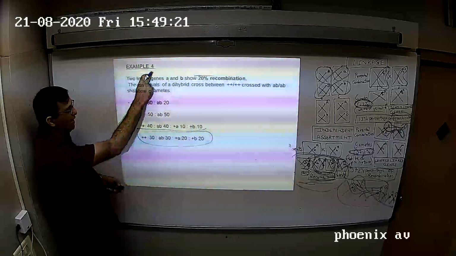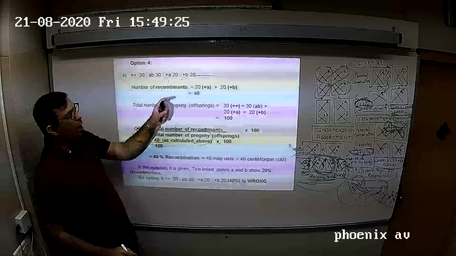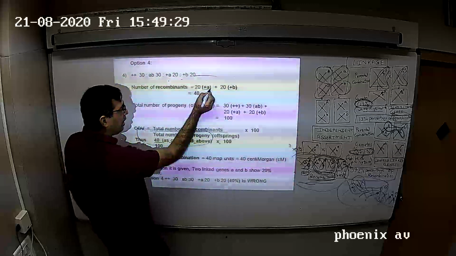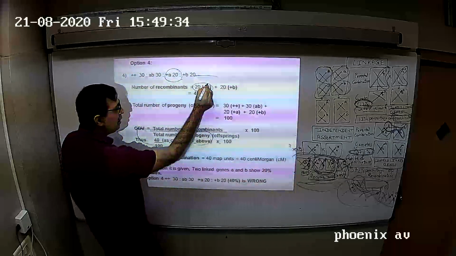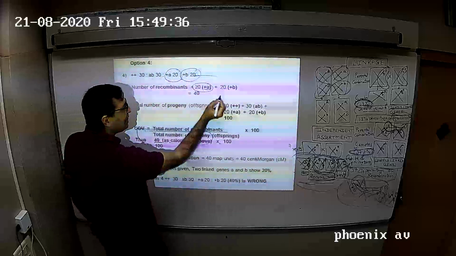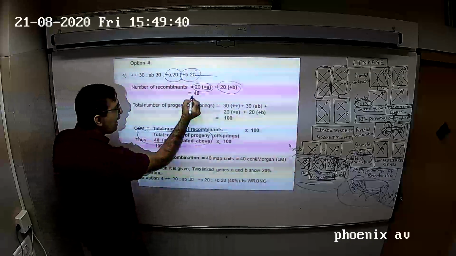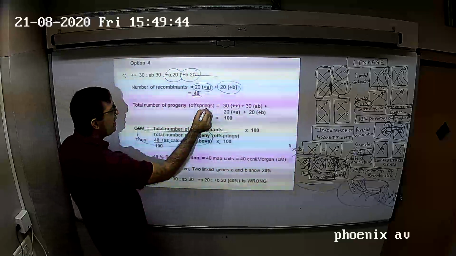What are the number of recombinants? Recombinants are plus A 20 and plus B 20. So total कितना हो गया? 40.